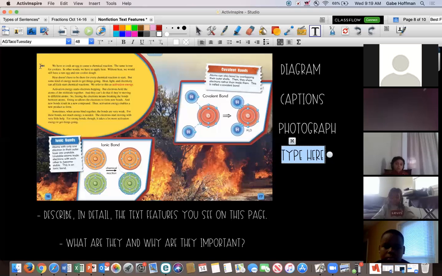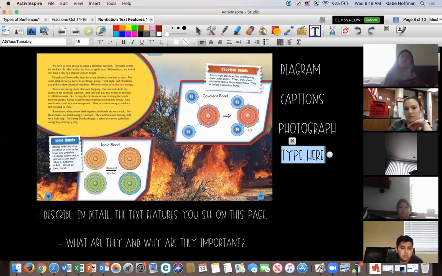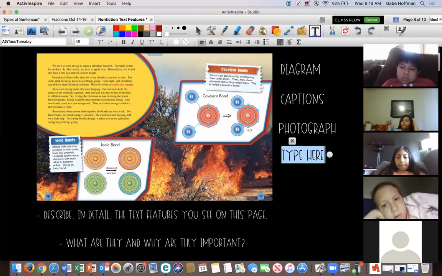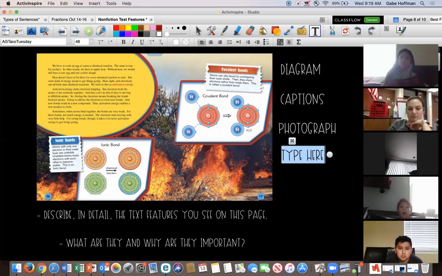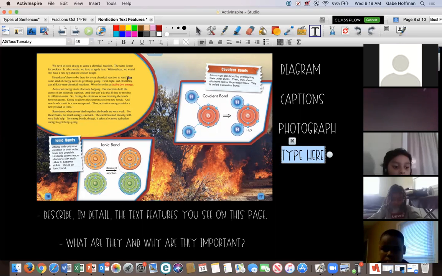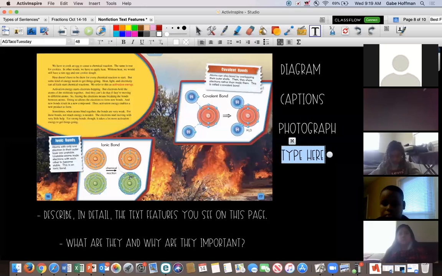Does anybody see what we see up there? It's not around it, but it's actually in the text. Does anybody notice what the author did with one of the words? He made one word bold. Yeah, so now we also have bold words.